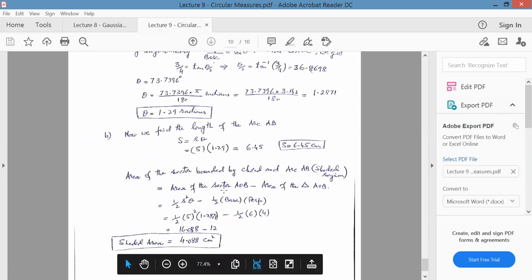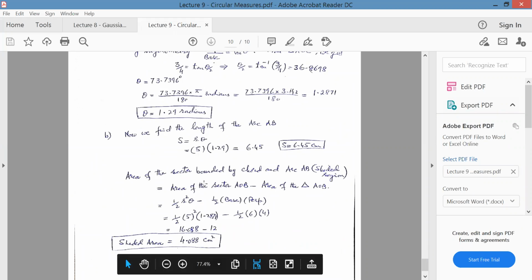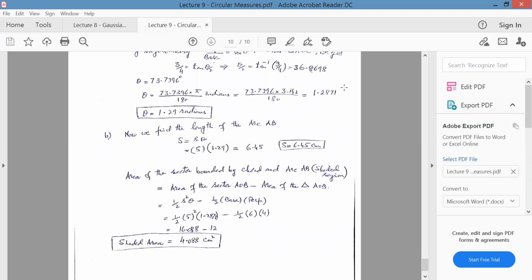You know the formula for the area of sector AOB, क्या होता है वो? वह हाफ r square theta. R square 5 है, रेडियस 5 square. Theta you have got 1.29 या 1.2871 जो ये निकाला था ये रख दिया है, नो प्रॉब्लम.